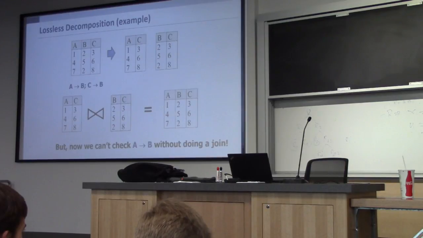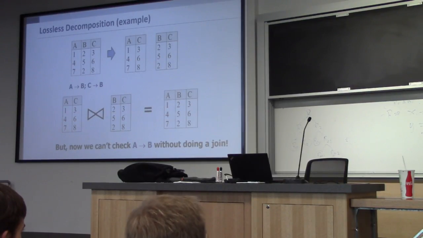Now, I use Fx to denote the set of functional dependencies that hold with respect to schema X. What is Fx? And what is Fy? Can someone tell me what's Fx?